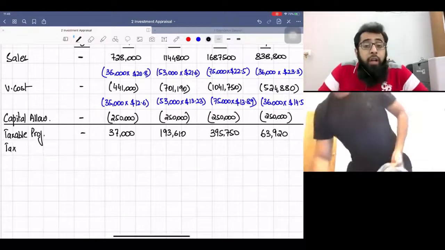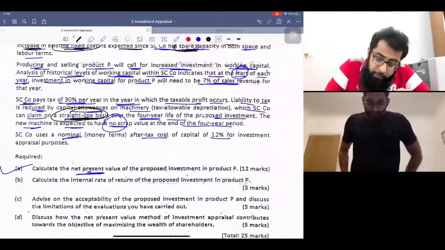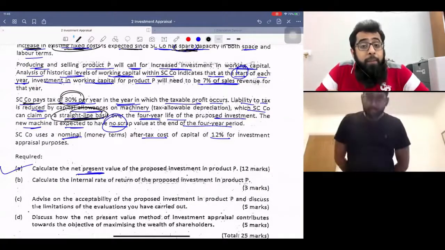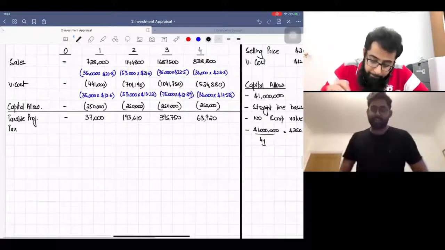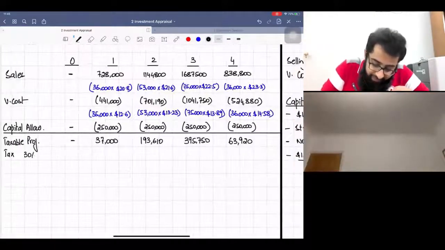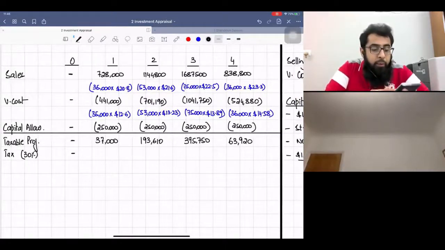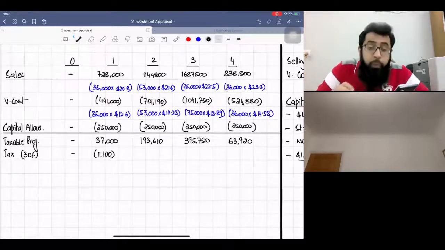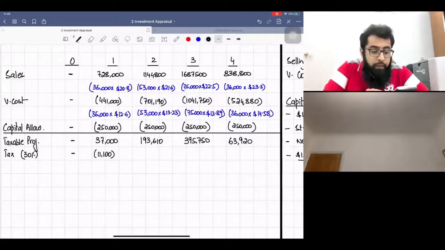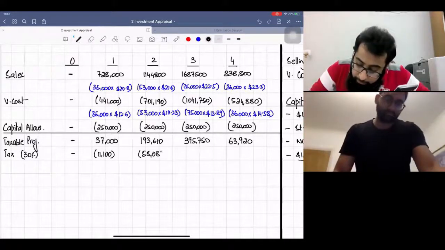So now we will charge the tax. Now, what is the tax amount? SC company pays tax at 30% per year. So 37,000 into 0.3, it's 11,100. 193,610 into 0.3 is 58,083.